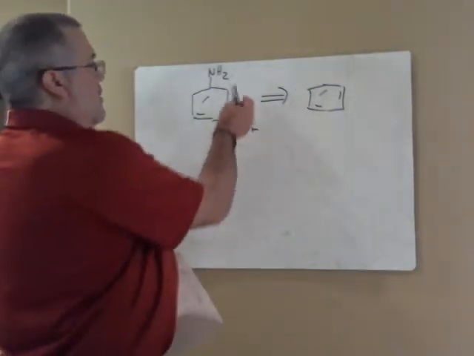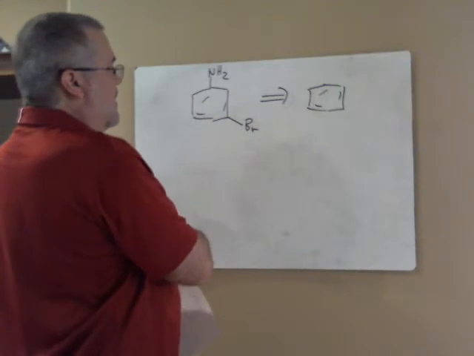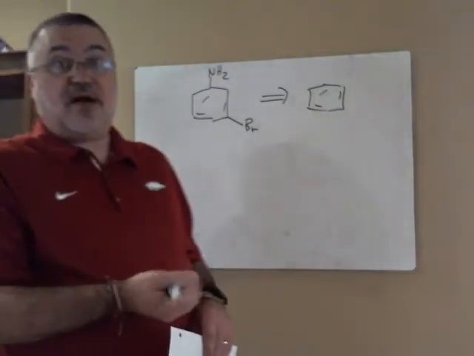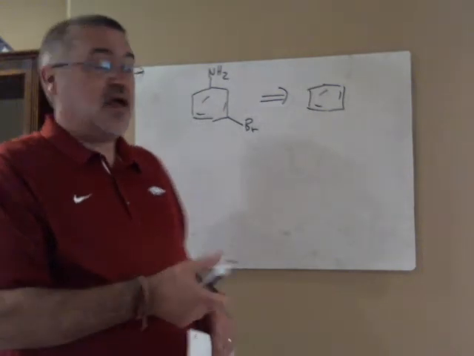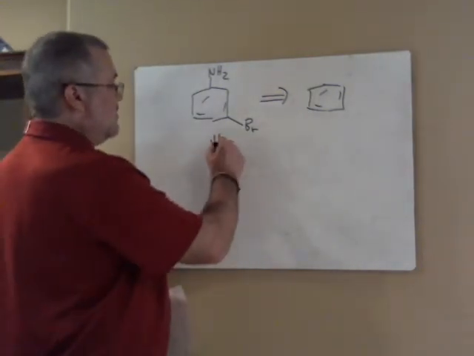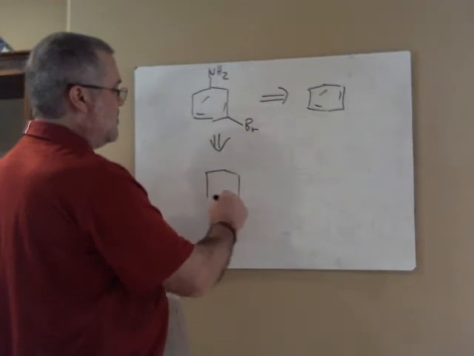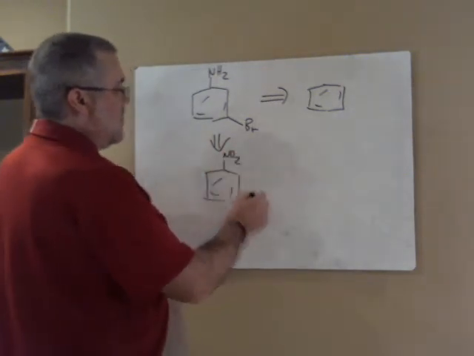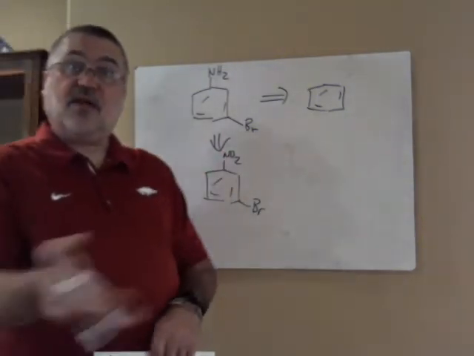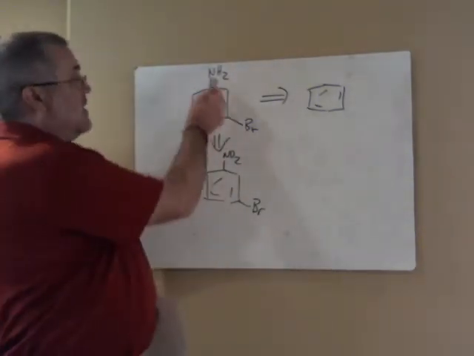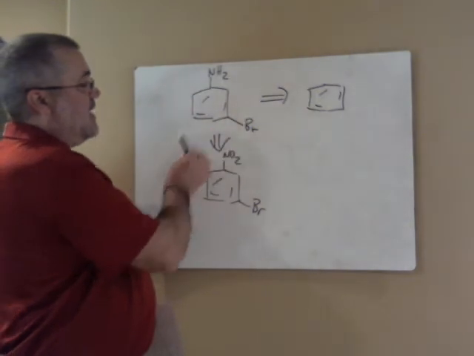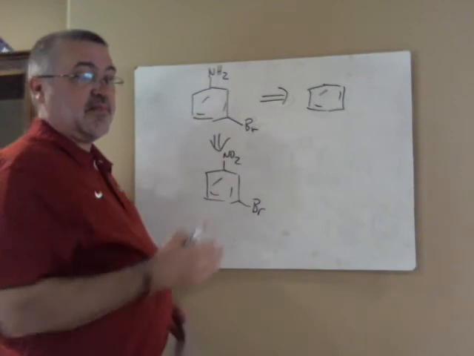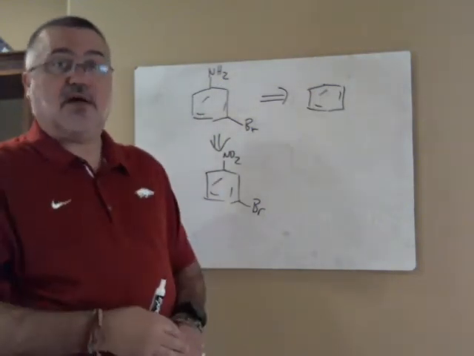Well, we look at these two things and they are meta to each other, but neither of these are meta directors. Okay, and so if you remember with the synthetic utility, if we go back one step from this, we could go back to where that's a nitro group. Remember the reduction? So if neither one of these groups directs meta, then we can ask ourselves the question, are either one of these groups something that we can make from a meta-director?